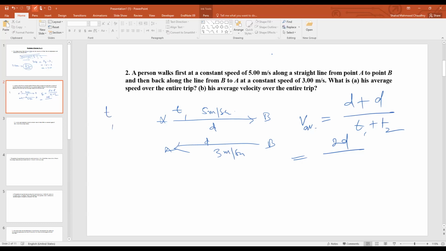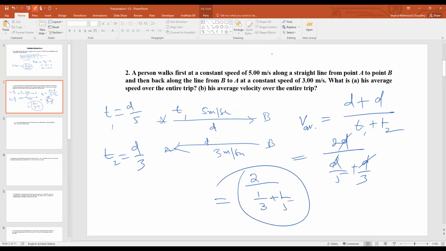So time T1 will be D over 5 and T2 is D over 3. You put T1 as D over 5 plus D over 3 and then solve it. So D will cancel, and the answer is 2 over 1 over 3 plus 1 over 5. You can solve this one and get the answer.